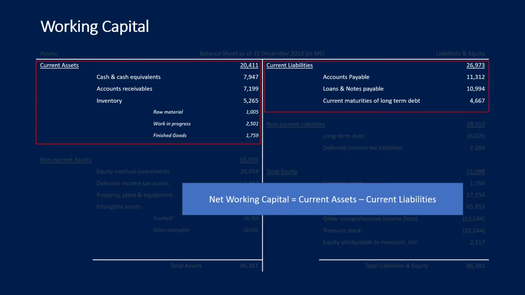Current assets and current liabilities are both called working capital. But attention, working capital is just a phrase for both, for current assets and current liabilities. But we can't measure this phrase. What we can measure is the so-called net working capital, that is current assets minus current liabilities. But we will come back to that later on.